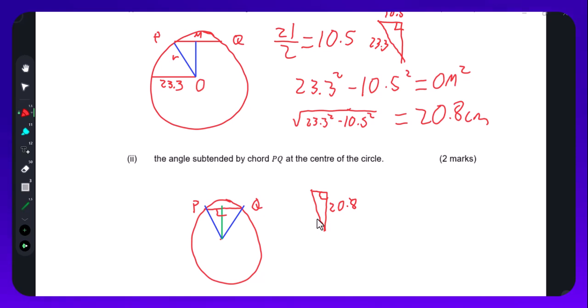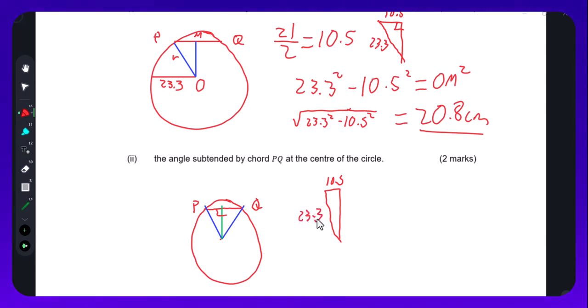and actually, to make it more precise, what we should do is use the values that we have before rather than the one that we've done a little bit of rounding to. So our little triangle is going to have 10.5, not to scale obviously, and the radius which we got told was 23.3.